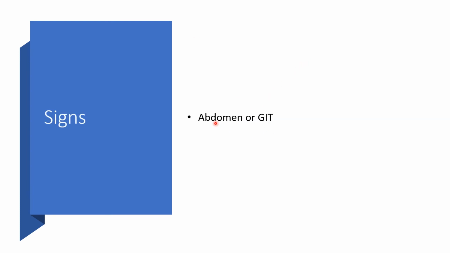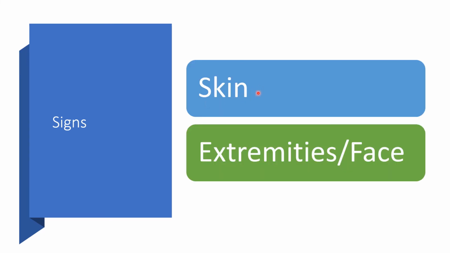The signs that we will pick at the abdomen or gastrointestinal tract could include splenomegaly. And on the skin of the abdomen, you may pick petechiae. On the skin, petechiae, at the extremities, some could have pallor and even gangrene.